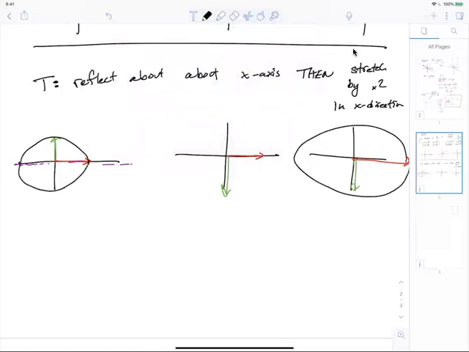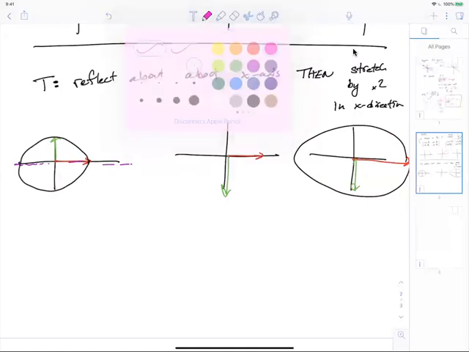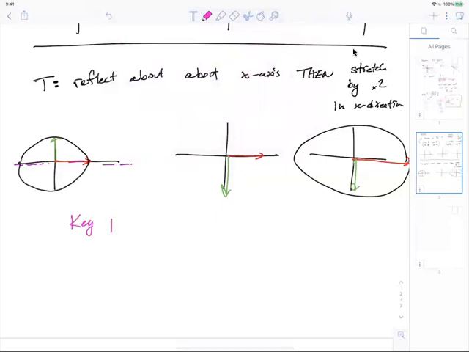And now what we want to do is we want to ask the question, if we undo this process, how do we do it? Well, to undo it, we have to do things in reverse. So the one key point I want to emphasize is that undoing has to be done in reverse.